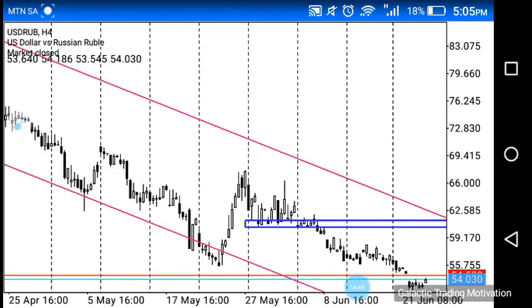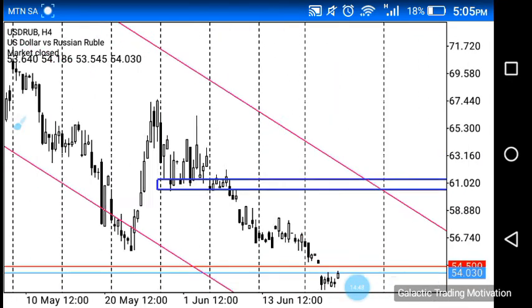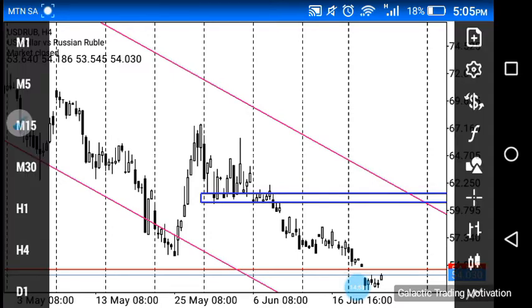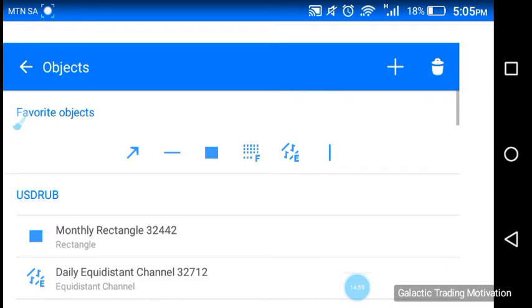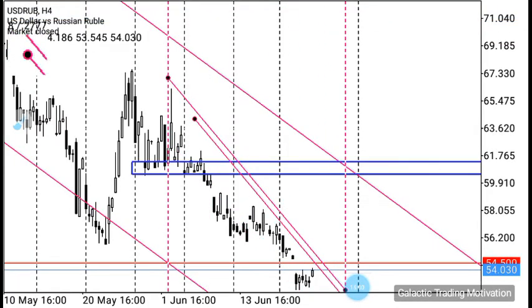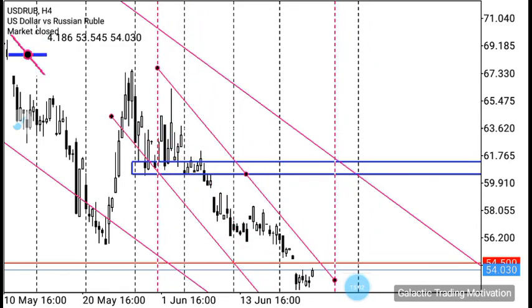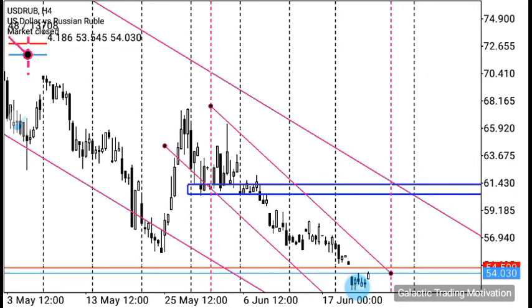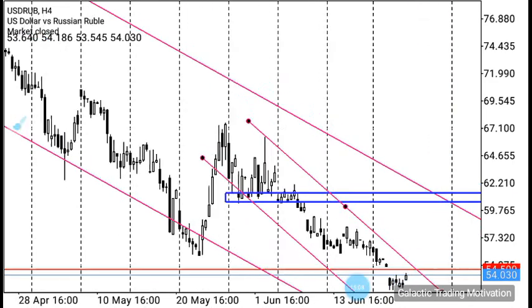Here we are on the H4 chart. The first thing that I'm going to do on this H4 chart actually is add my H4 channel. Let's see. How would I add my H4 channel? Just bear with me, guys, as I do this.